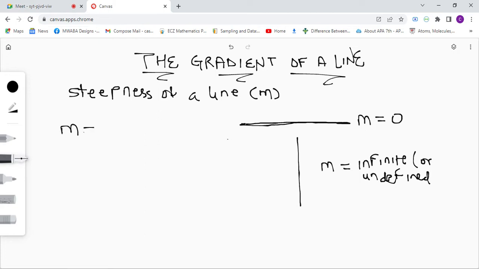M equals y2 minus y1 over x2 minus x1. You'll be given 2 points.